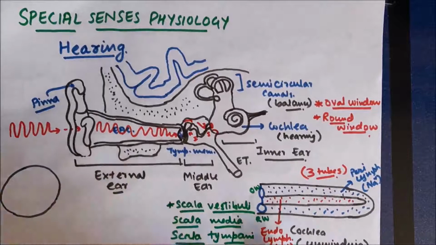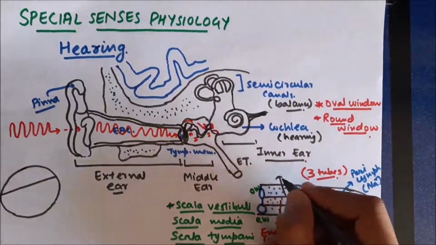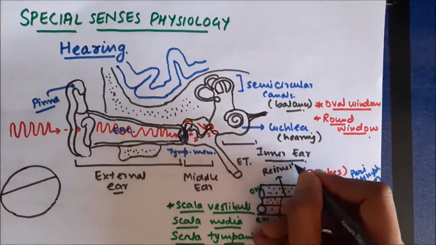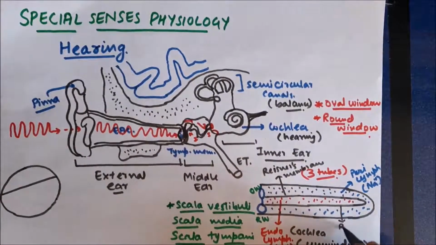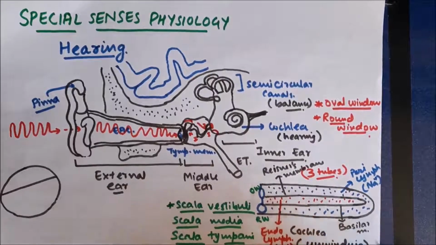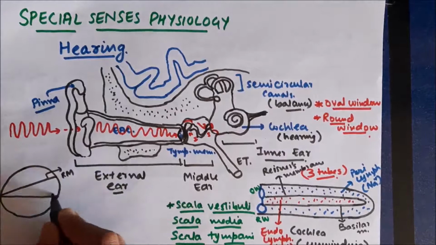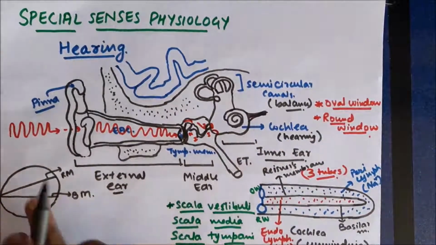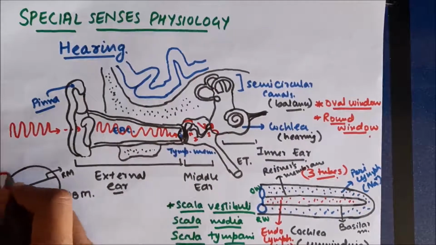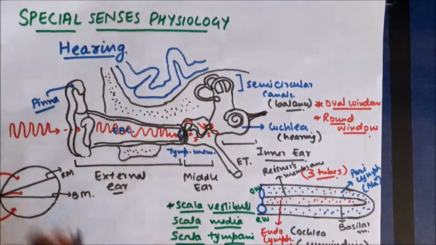If we cut a section of the cochlea, it will appear circular, and inside this circular section there will be three different sections: scala vestibuli, scala tympani, and scala media. These two membranes are the Reisner's membrane and the basilar membrane. The upper membrane is the Reisner's membrane and the lower membrane is the basilar membrane. This is the cut section of the cochlea. The upper tube is the scala vestibuli.